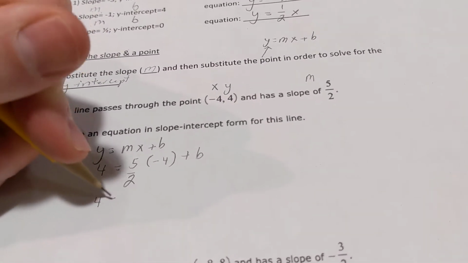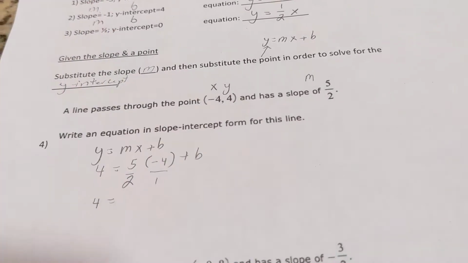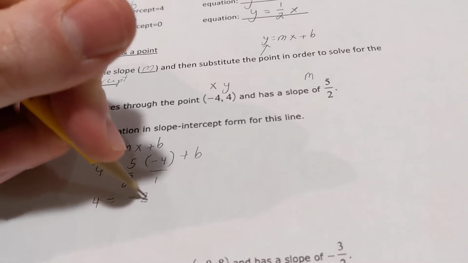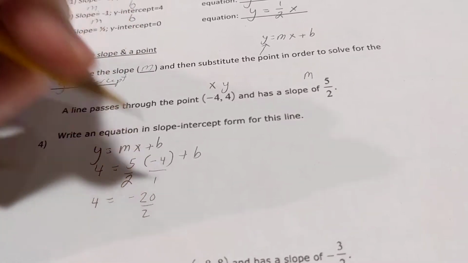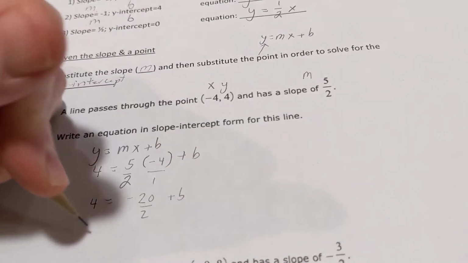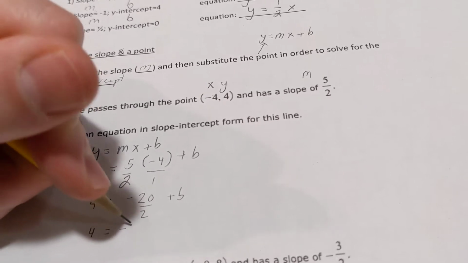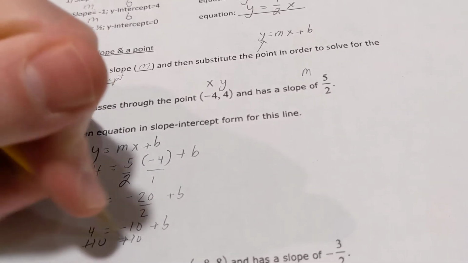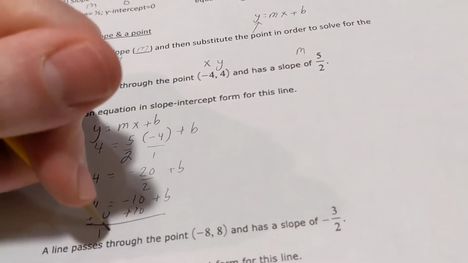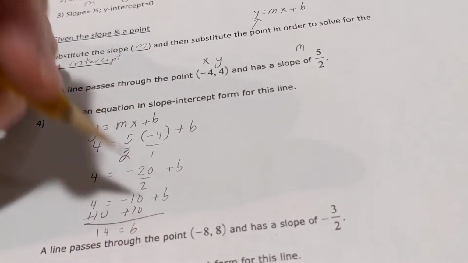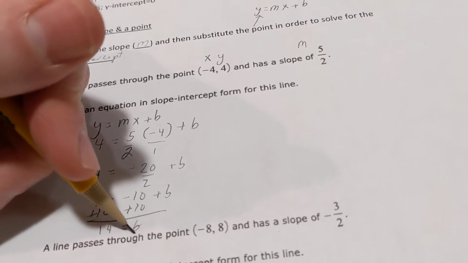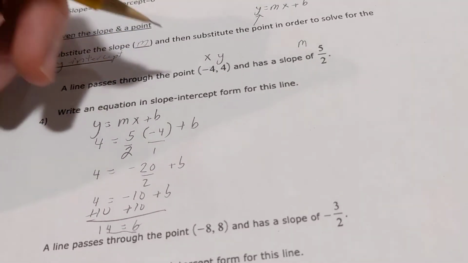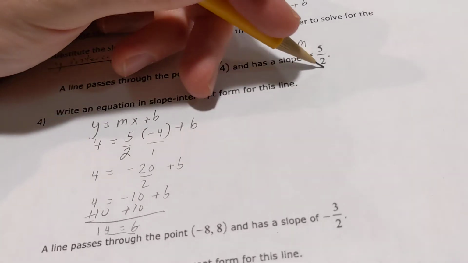So 4 equals -20/2 plus b, which of course is 4 equals -10 plus b, add 10 to each side. All right, so 14 is equal to b. Now we're going to take this and the slope we had, which is over here.